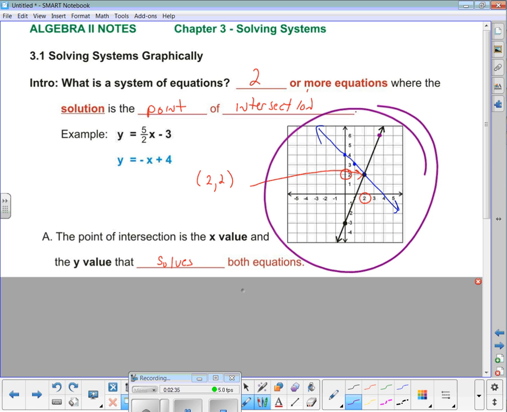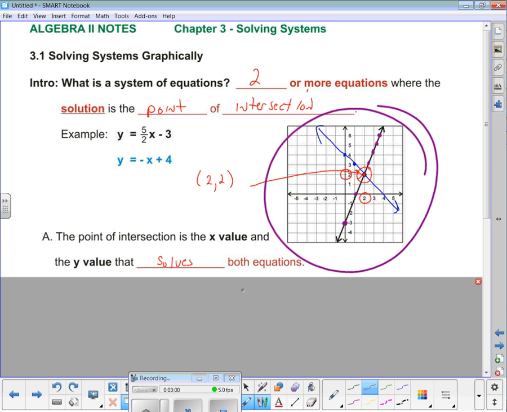They will not solve the blue. This point will solve the black, will not solve the blue. However, this point right here solves both the blue and the black.